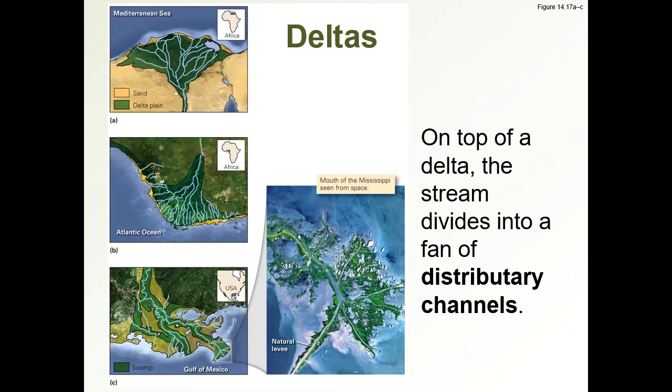So the birdfoot delta is where we have a single main channel that then breaks off into fewer distributary channels. And each distributary channel tends to have its own distributaries. So we have our main Mississippi River going down, it breaks into a couple of distributaries, and then the current one where most of the sediment is going down has its own distributaries as well.